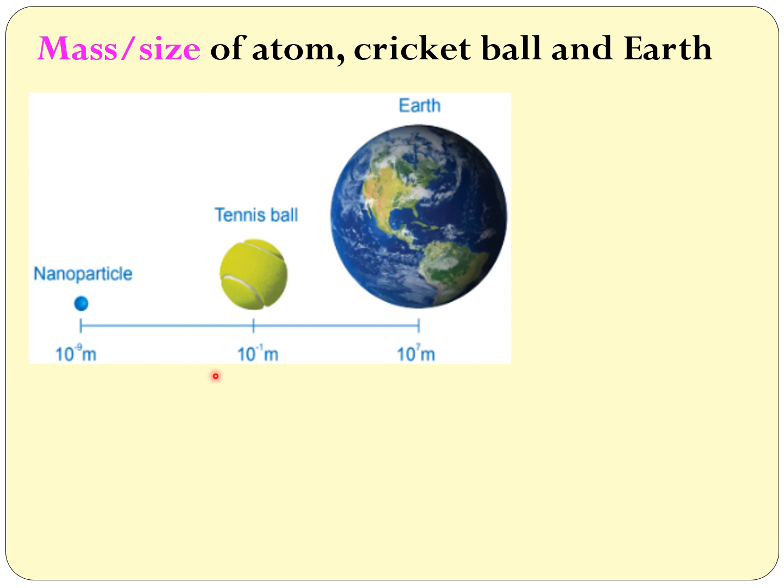Suppose we compare a tennis ball with an atom or a nanoparticle, which has dimensions in angstrom or nanometer. And the tennis ball has a diameter of a few centimeters, so we cannot say that the tennis ball is the biggest, but as compared to a nanoparticle, it is 10 to the power 7 or 8 times bigger.